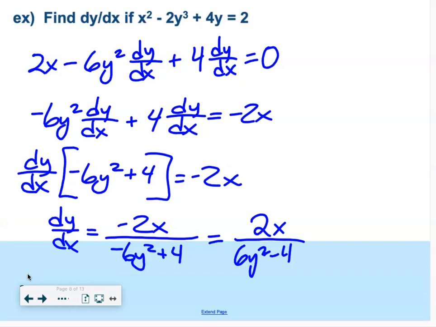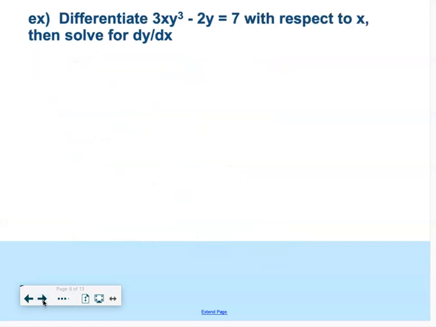Okay. All right. Okay, taking it up a little notch. The first term is 3xy cubed. What rule does that term require? Product rule. So here's how I like to think of it.